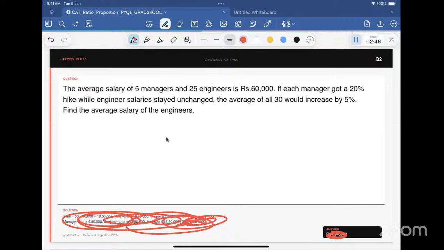Time up. This one, I think, was an easy one.